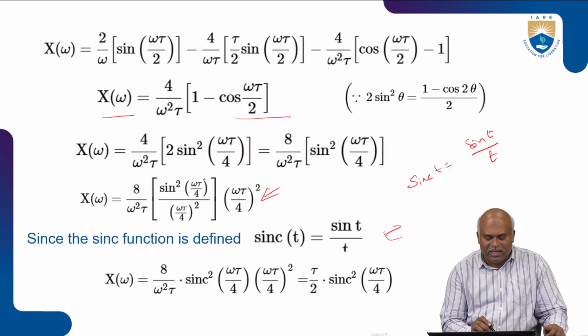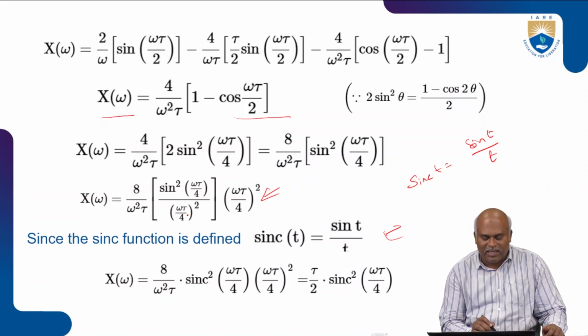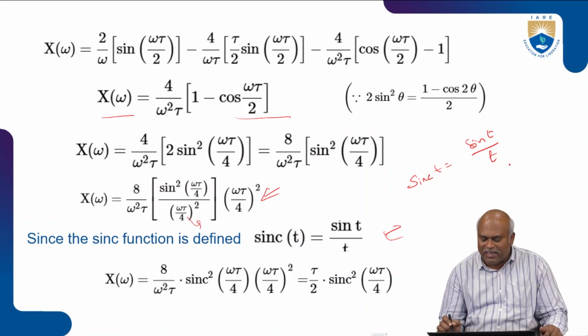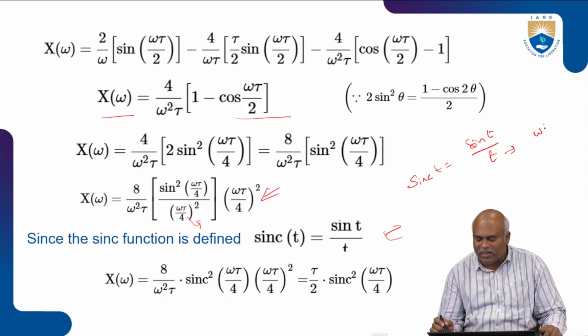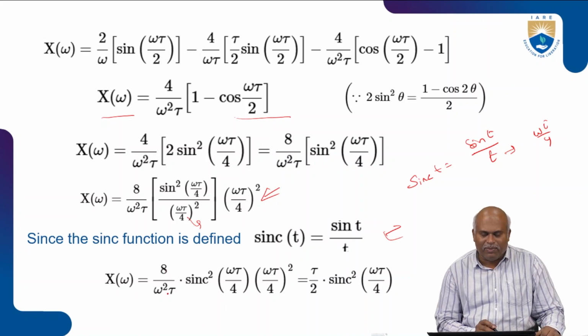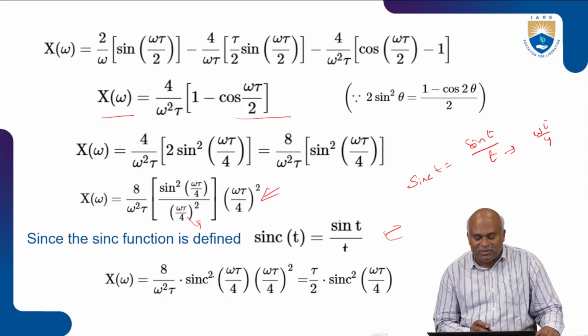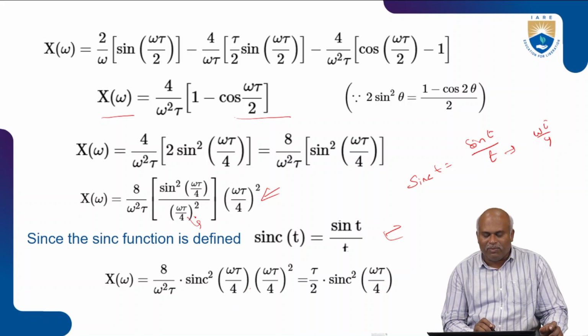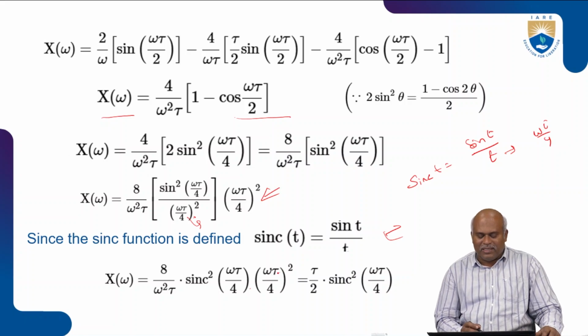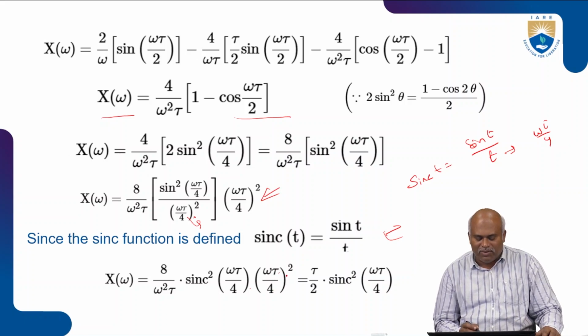So what will it be? Here the omega tau by 4 is there, and here also omega tau by 4 whole square. We take it further: this one is like t, and the t value is equal to omega tau by 4. Then we write the equation as X of omega is equal to 8 divided by omega square tau times sinc square of omega tau by 4 into the remaining portion, omega tau by 4 whole square.